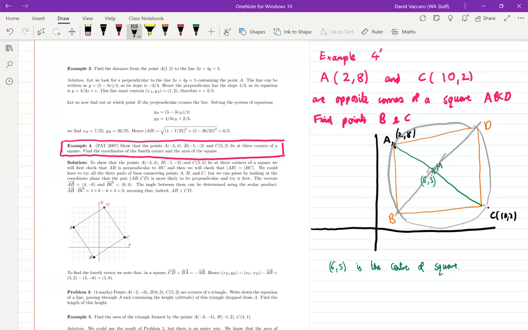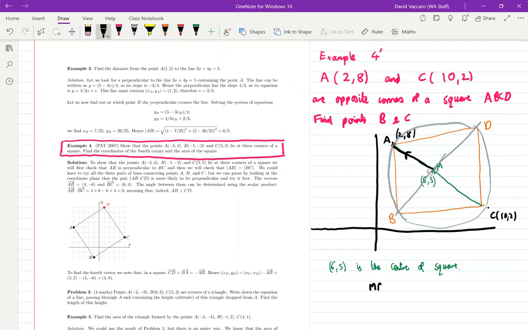Okay, and I'll leave that long calculation as something of an exercise. But let's think of a slightly different way of doing this problem, which is much more geometric in nature. So the vector I can find is the vector MA.